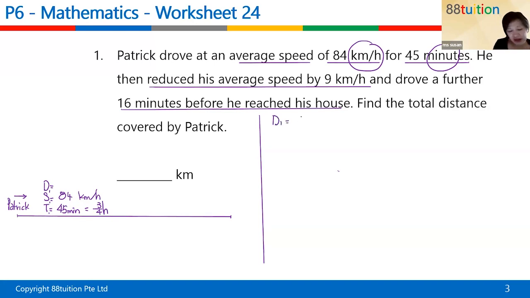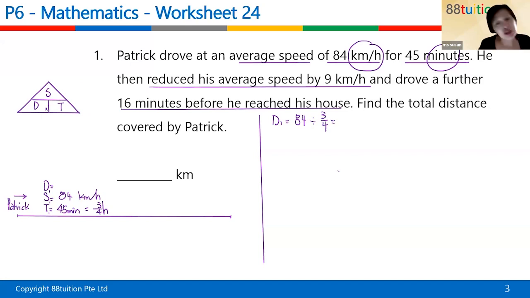Do you remember the triangle that we have mentioned? What is the triangle? The triangle is to show the relationship of the three musketeers. Who are the three musketeers? S, D, and T. So this is multiply. So to find D, I must have S times T. S will be 84, T will be 3/4.